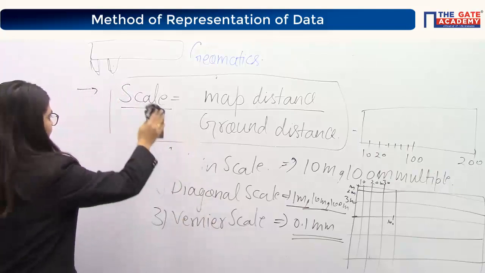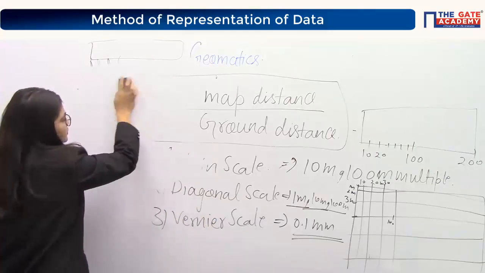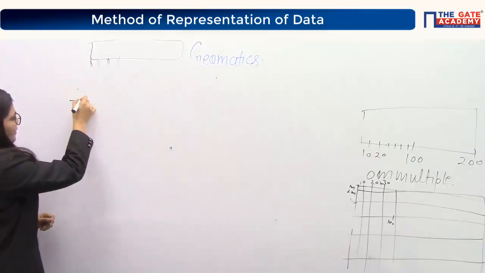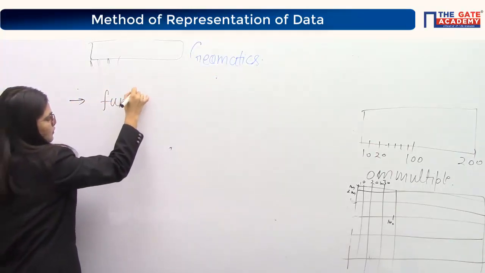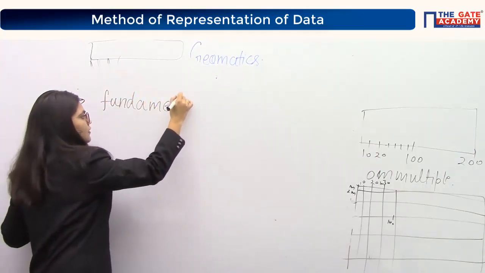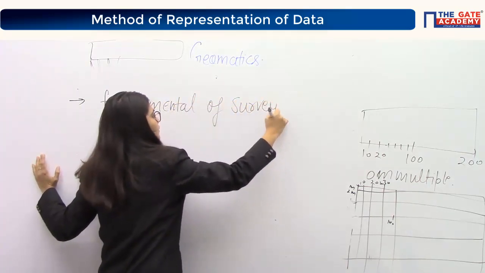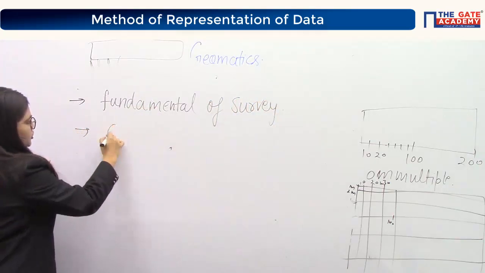Somebody is asking for the units. So I'll first give you the units which we are going to discuss in geomatics. Today we'll discuss fundamentals of survey, and after that we will do chain survey.